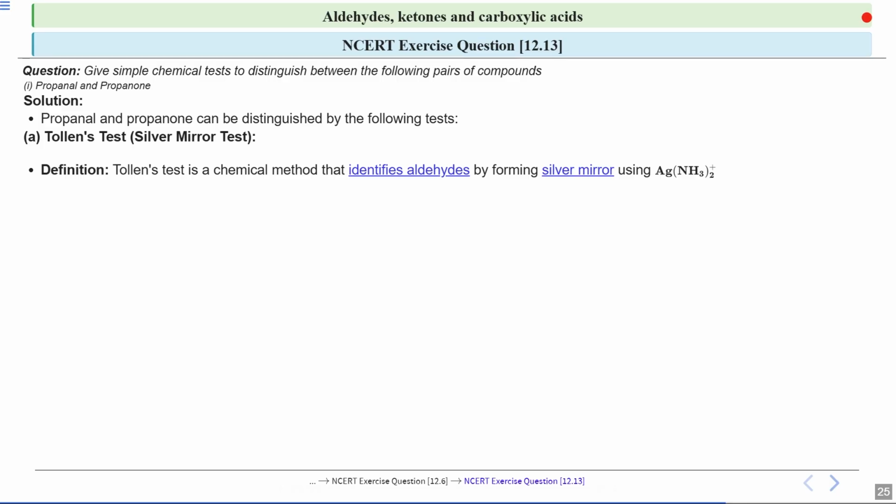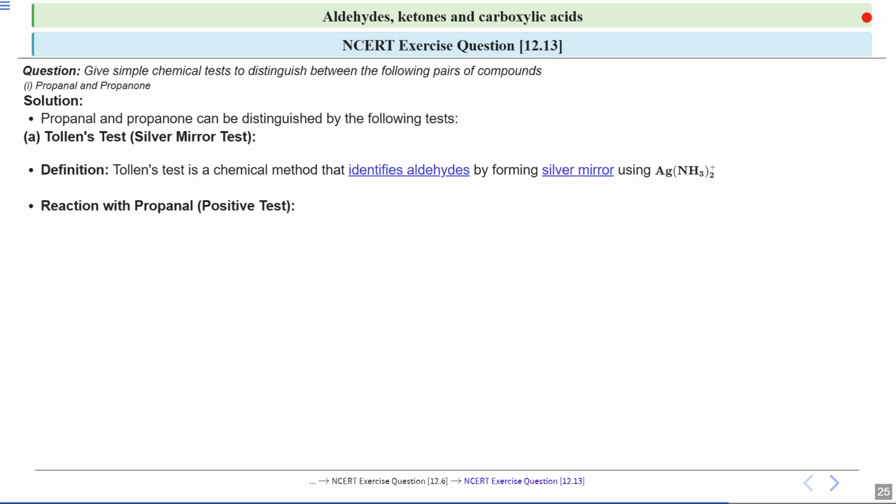When an aldehyde is present, it reduces silver ions to metallic silver and forms a shiny mirror on the test tube. This is a clear indication of an aldehyde group. Remember, ketones usually do not give this reaction.